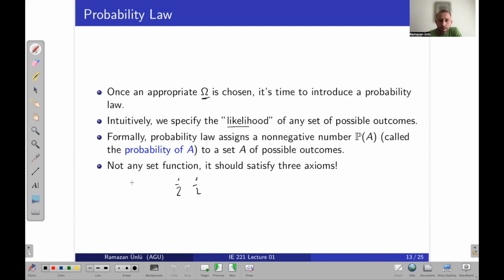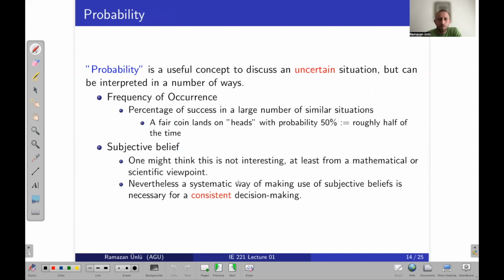Any set function can be used for the probabilities, as long as it satisfies the 3 axioms, and we will look at these 3 axioms. Okay. So to calculate the probabilities, there are 2 main categories. The first one is the frequency of the occurrence, and the second one is the subjective belief.